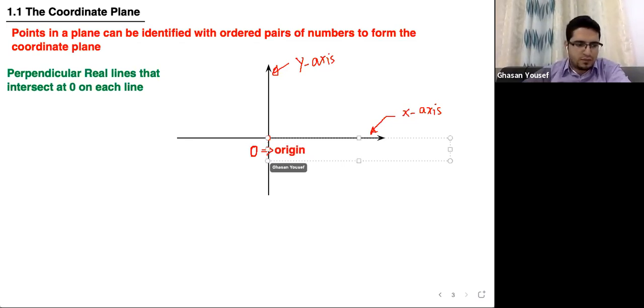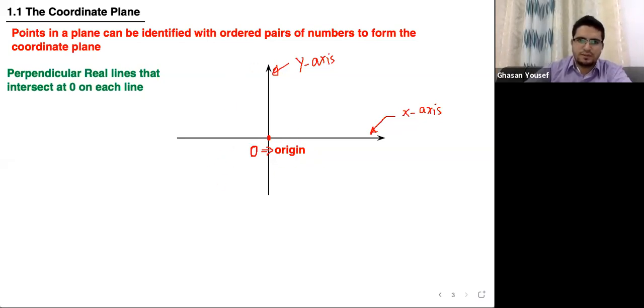Now these two lines divide the plane into 4 quadrants. So we have the first quadrant, second quadrant, third quadrant, and fourth quadrant.